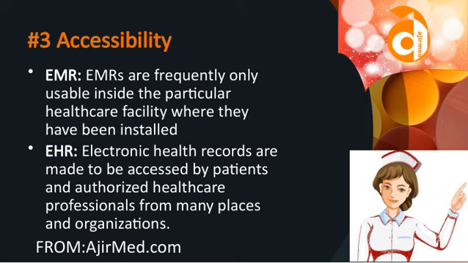They can be accessed by patients and authorized healthcare professionals from multiple locations and across different organizations. This broader access helps improve coordination of care, patient engagement, and overall efficiency. The key takeaway here is that EHRs are built to be more flexible and accessible, which aligns with the overall goal of making healthcare more connected and patient-centered. This shift from EMRs to EHRs is a big step toward breaking down barriers and ensuring vital health information is available whenever and wherever it's needed.